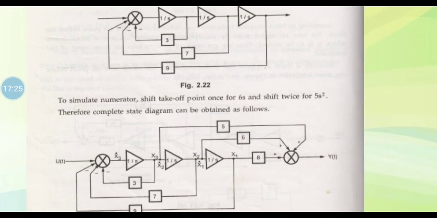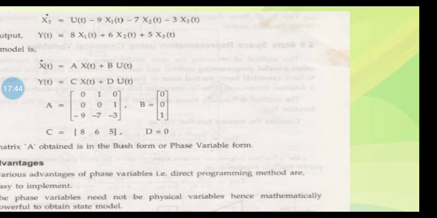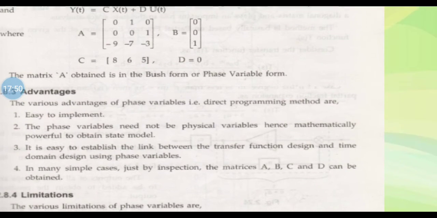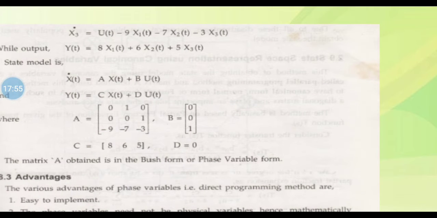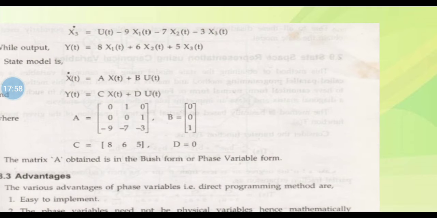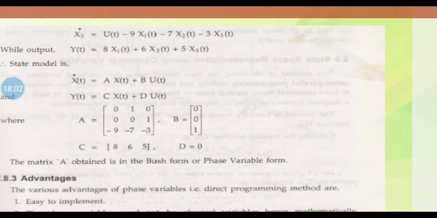Therefore x3 dot is equal to u of t minus 9x1(t) minus 7x2(t) minus 3x3(t). So you have to see the state diagram and write x3 dot of t.